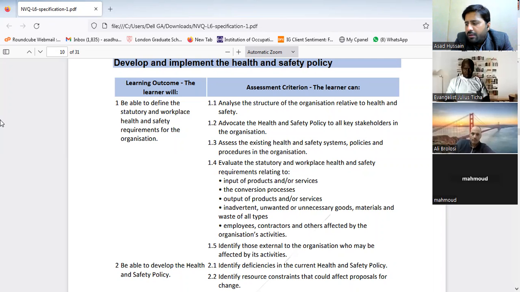For example, you have regulations like KOSH, PUWER, LOLER, and such types of regulations that come from regulatory bodies or statutory bodies. So in that regard, you have to evaluate in your workplace, for example, I'm just giving you an example for the equipment.